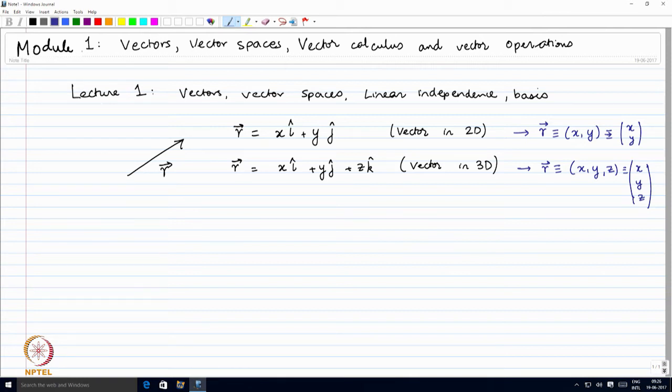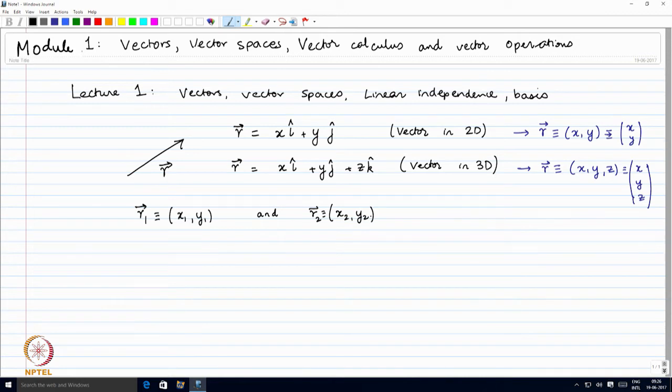Now, the nice thing about writing vectors in these forms is that you can immediately see how to add vectors. So, suppose you had one vector, I will show it in 2-dimensional space. Suppose you had a vector r1 which had components x1 and y1, and a vector r2 which had components x2 and y2.